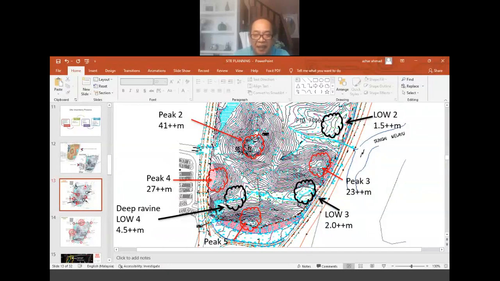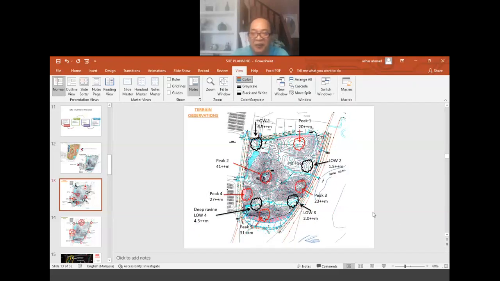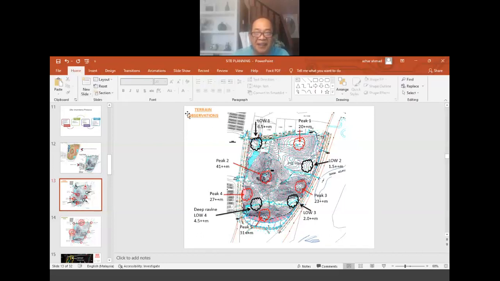So we can imagine that it is almost a vertical slope on both sides of the hill, right? Okay. So moving on, this is observation based on terrain. This is our terrain observation.